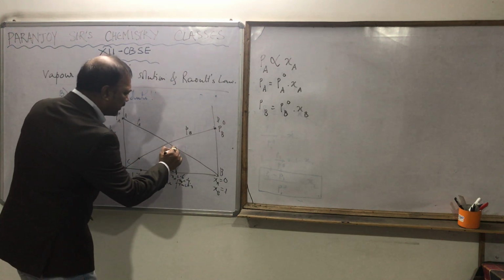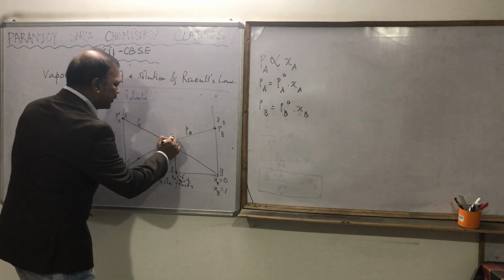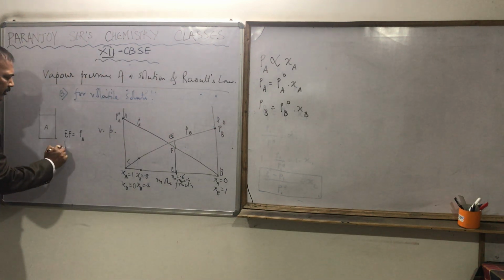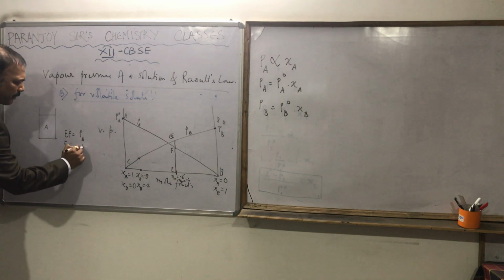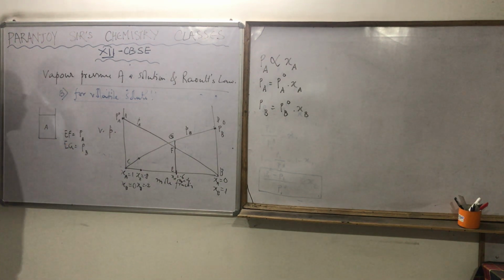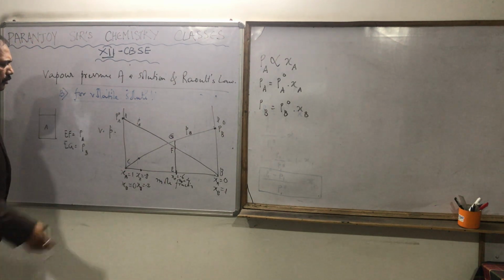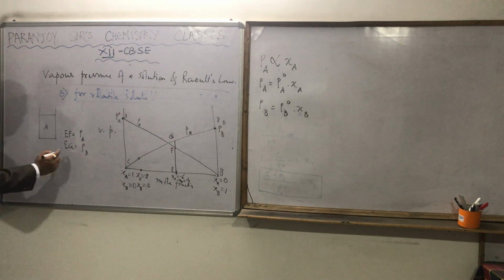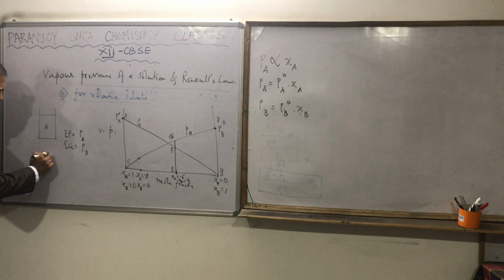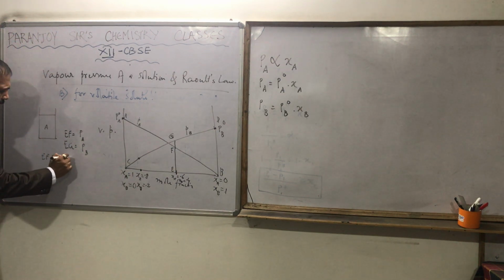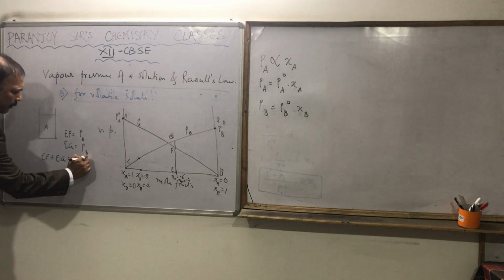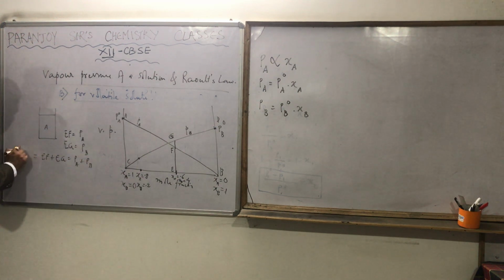Now let us expand it. EG is the vapor pressure of B, that is PB. So what is the total vapor pressure? We know total vapor pressure is equal to PA plus PB. So the total vapor pressure is EF plus EG, that is PA plus PB, that is P total.